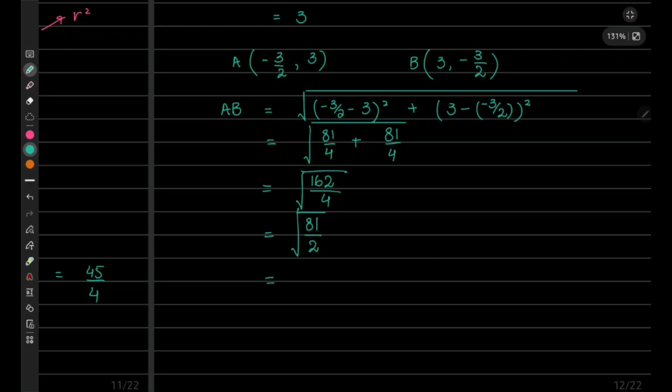That gives you 9 over root 2, but root 2 in the denominator is not acceptable, so we multiply and divide by root 2 over root 2 to rationalize it. So that gives you 9 root 2 over 2. So this is your distance AB.